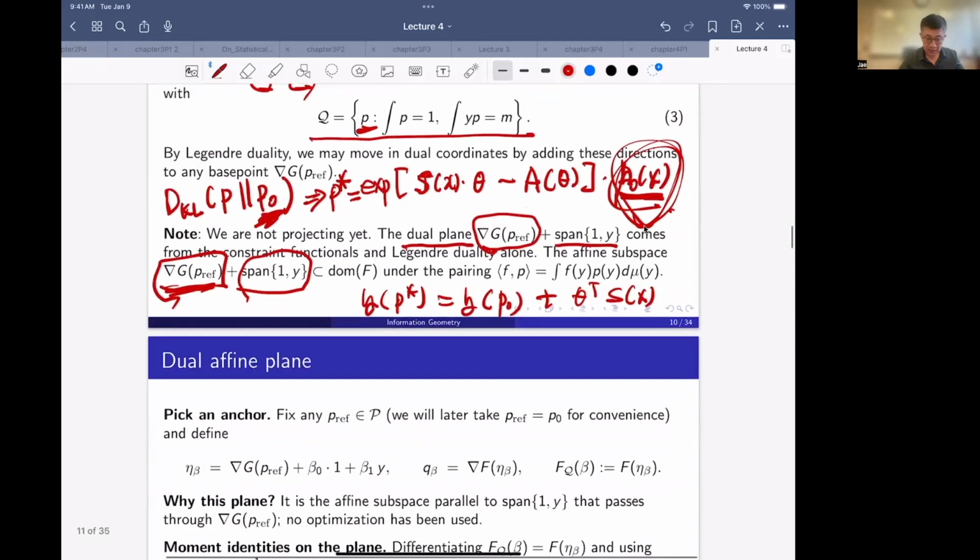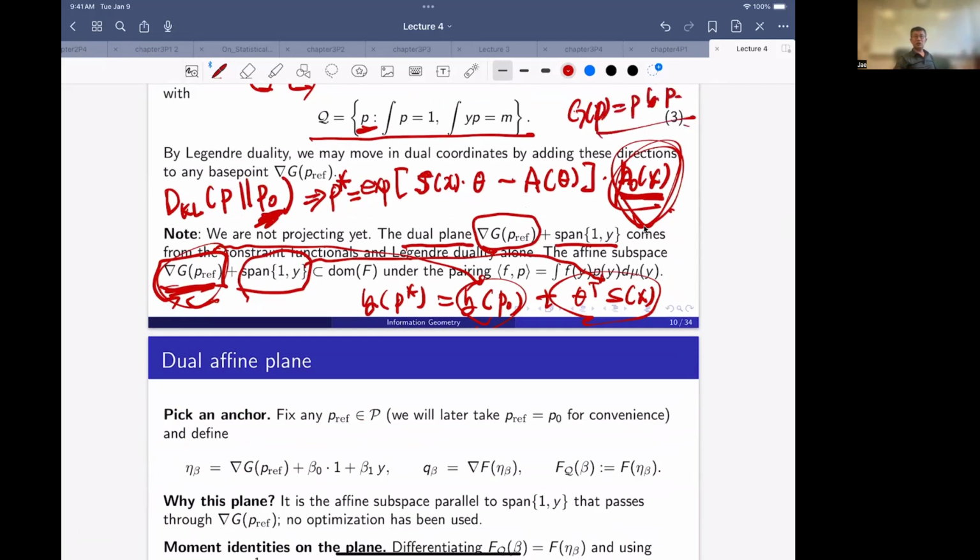That is exactly the same as what we are doing here. So this span corresponds to here, and this guy corresponds to this guy because nebula G is actually log. What is G? G of p is p log p, and so nebula G is log p.